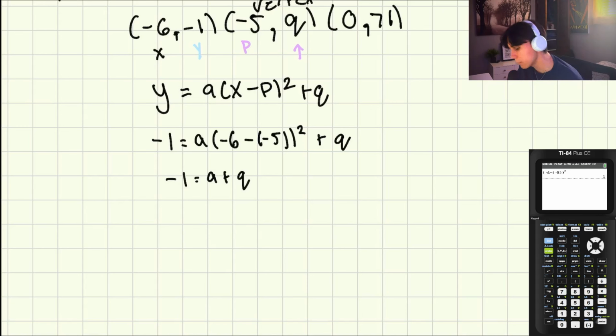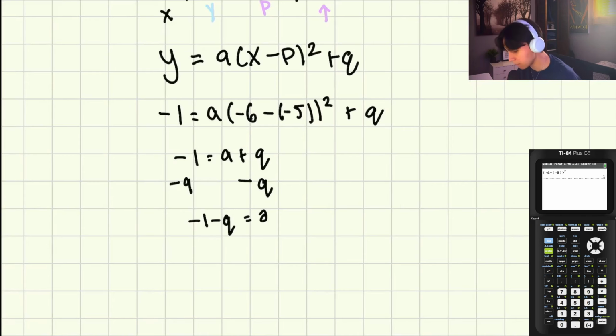So now that we have two variables, we have to isolate for one of them. Whichever one, I'm pretty sure it doesn't matter. But I'm gonna isolate our a value. So I'm gonna subtract q from both sides, and you're gonna get -1 minus q is equal to our a value.